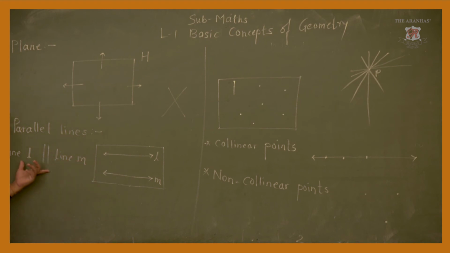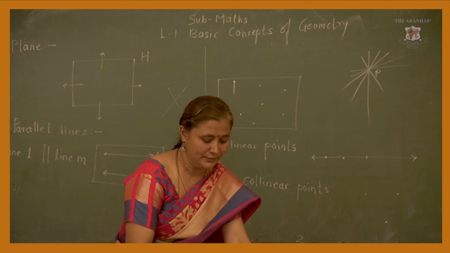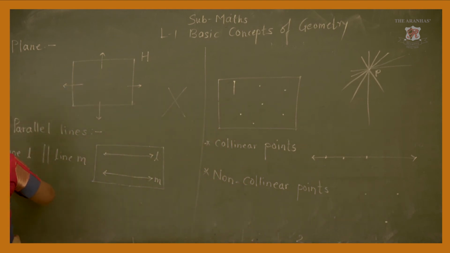In symbol we write line l parallel to line m. Understood? Okay. Now next, observe the three figures here.